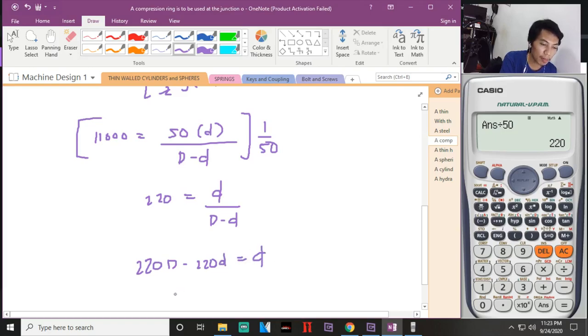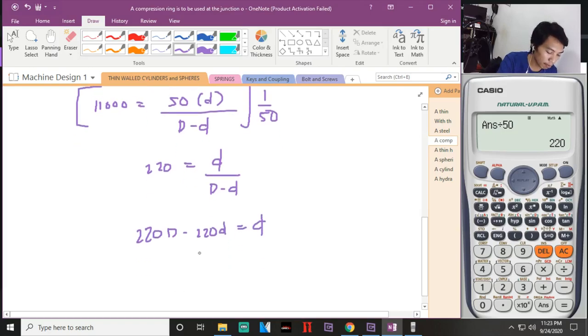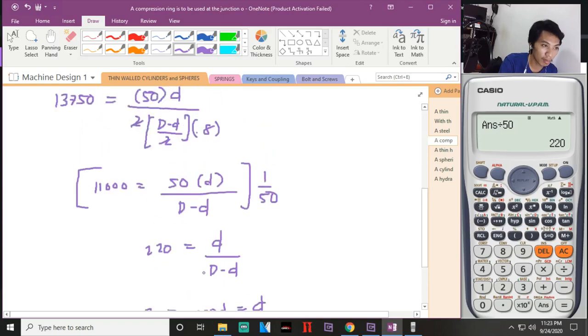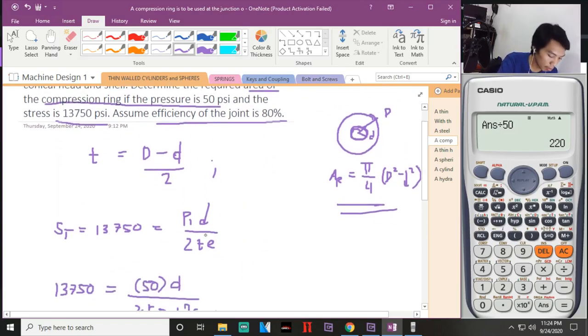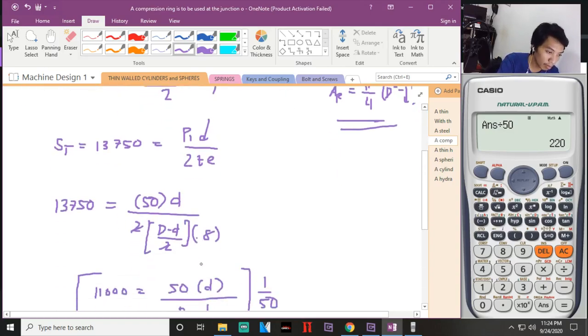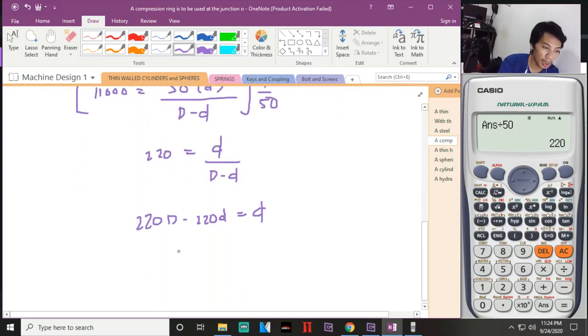Pagsamahin natin yung magkakaparehas. That is 220 D equal to 220 plus 1 d.